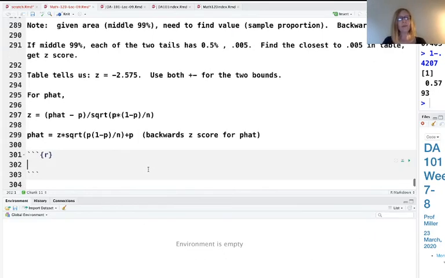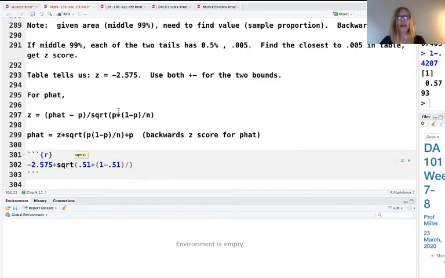Here, we've got a couple of bounds to get. I'm going to plug in all of our information. We've got the z-score, so I'll start there. That's negative 2.575, and then I've got times the square root of 0.51. I'm going to be careful not to make the same mistake that I made last time. Times 1 minus 0.51.